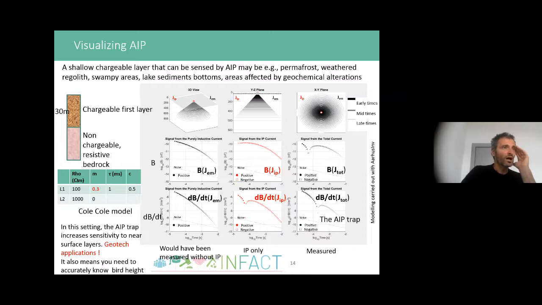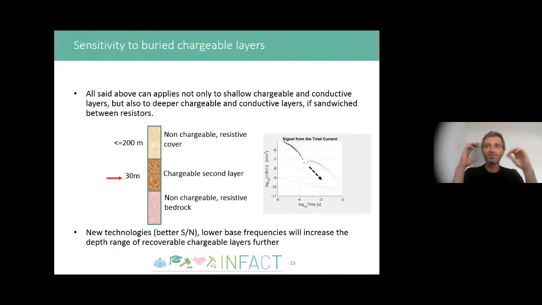Now, does that mean that one can only recover chargeability from the near surface? No, because all you have to do is bury this conductive and chargeable layer below something resistive, and sandwich it between a resistive cover and a resistive bedrock, and you will get exactly the same thing, only a little bit later in time.